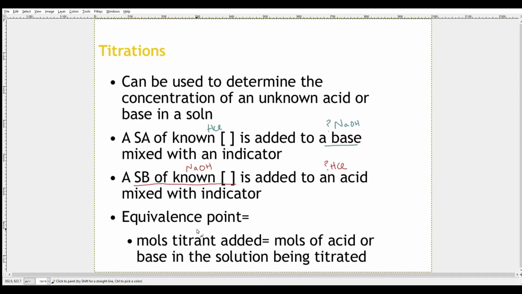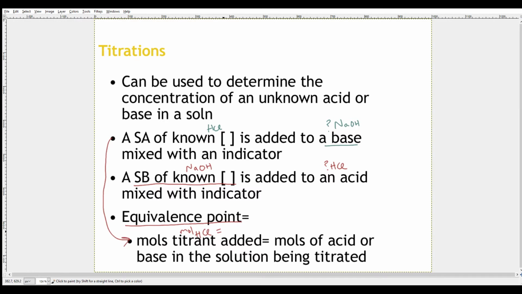When you are titrating something, you'd want to know about the equivalence point. The equivalence point is when the moles of the titrant added are equal to the moles of the acid or base in the solution being titrated. For this example, the titrant would be the thing that we're adding, so moles of HCl.